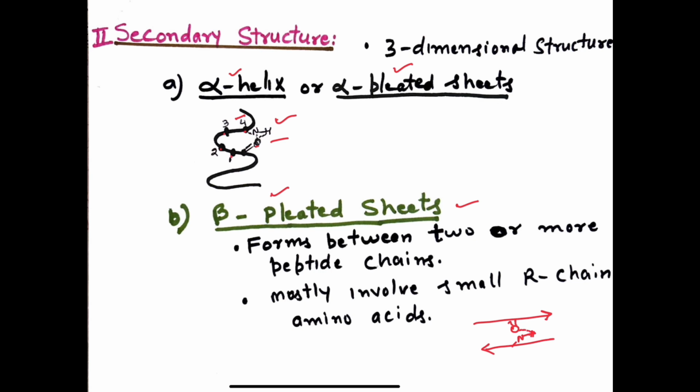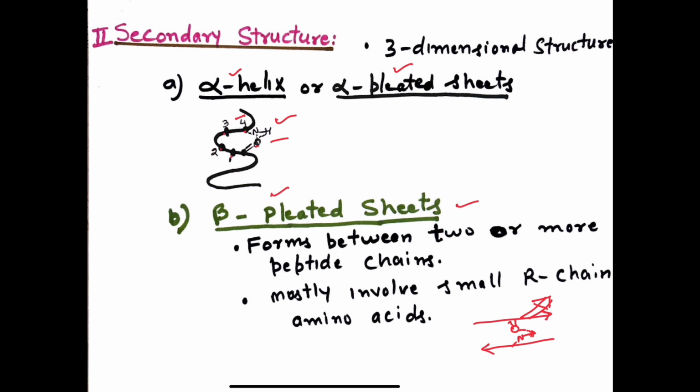So that's how these beta pleated sheets are. Now there could be a sheet going in this direction too. That could also be part of that structure. So there would be multiple sheets in this fashion. So these are called beta pleated sheets.